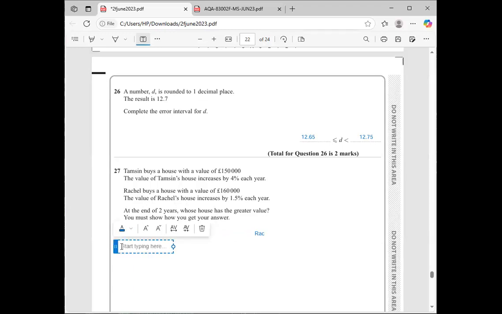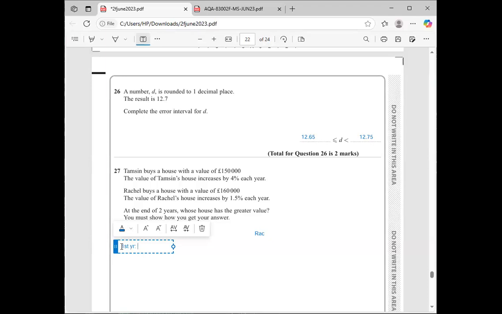All right, so for Tamsin, after the first year, what's the value? It says it increases by 4% each year. So this is what we're supposed to do.